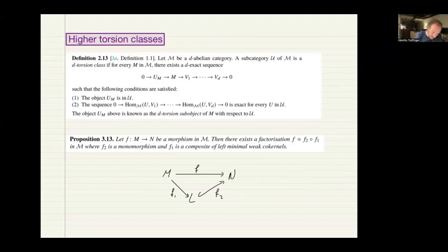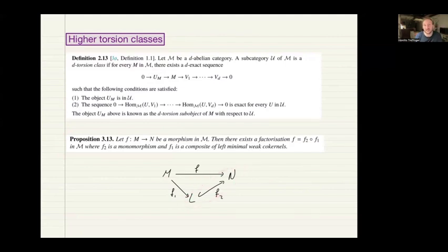It says that every map in a d-cluster tilting subcategory factors in the following way: it factors as f1 and f2, where f1 is a composition of weak cokernels on the one hand side, and on the other, we have a monomorphism.